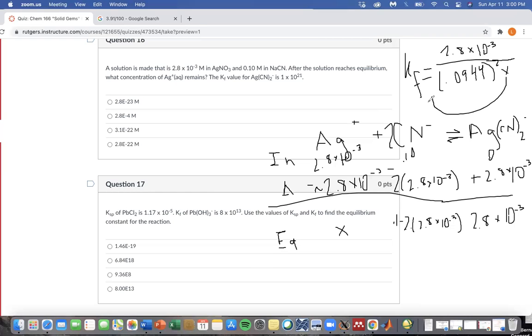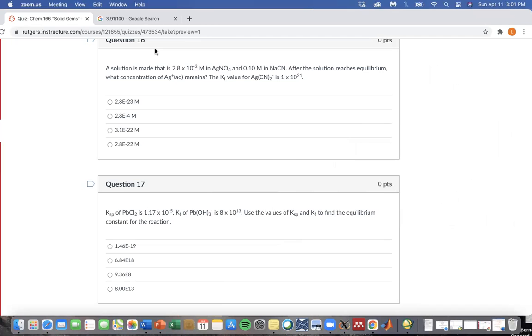So you would just put Kf in the denominator and x in the numerator, because that's ultimately what happens if you work mathematically backwards to undo the expression. And so you'd end up getting x equals 2.8 times 10 to the negative third divided by 0.0944 squared times your Kf value, and your Kf value is 1 times 10 to the 21st. So I'm going to clear all of this and go back to the answer key.